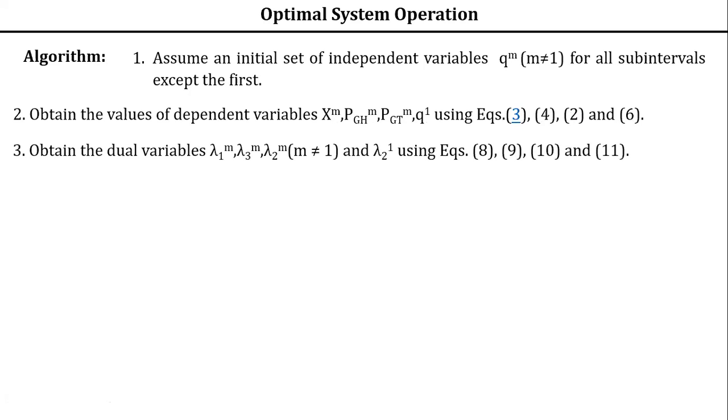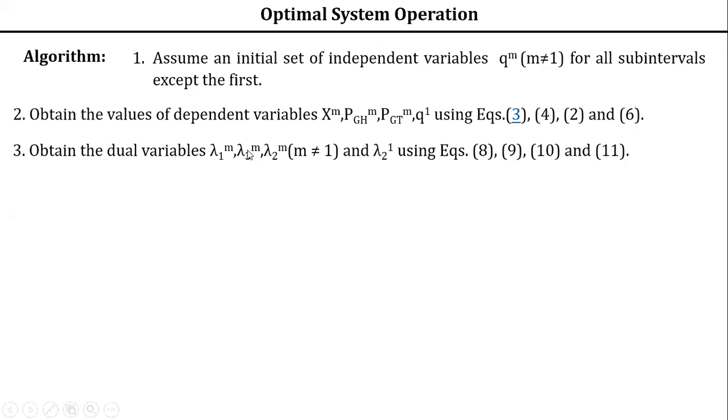Then obtain the values of your dual variables, lambda 1, lambda 2, lambda 3, m during each subinterval. You should not calculate these lambda values for your dependent variable, that is, for m equal to 1. Obtain these values using equations 8, 9, 10, 11.